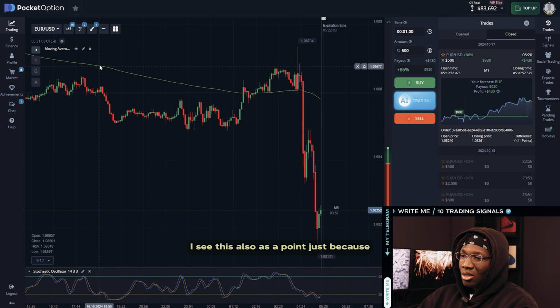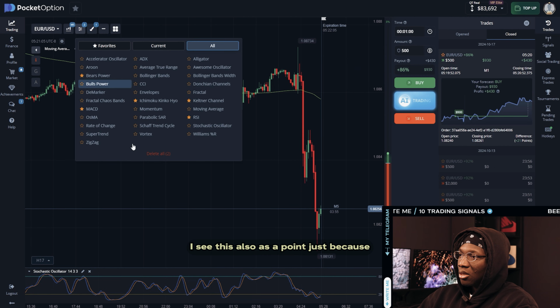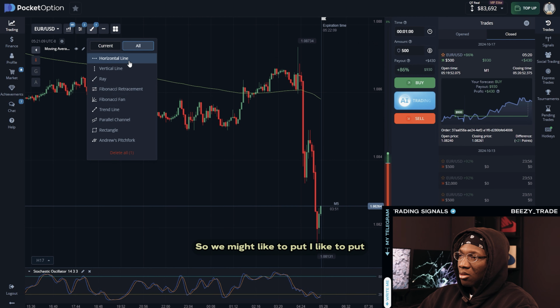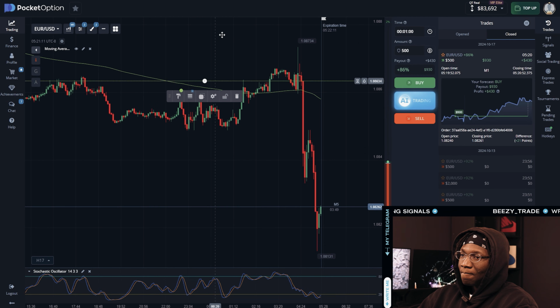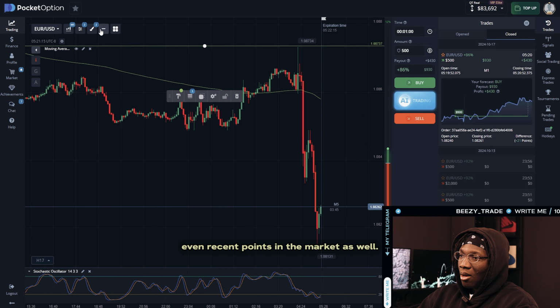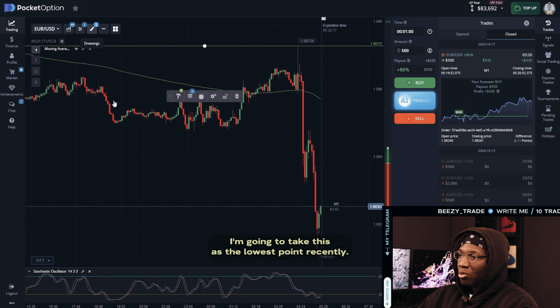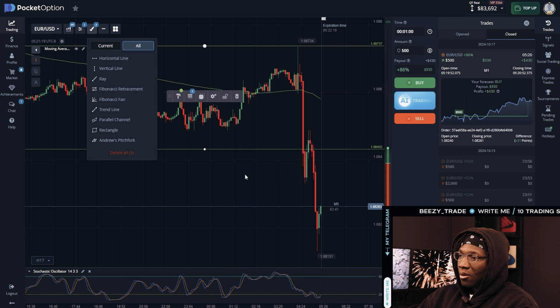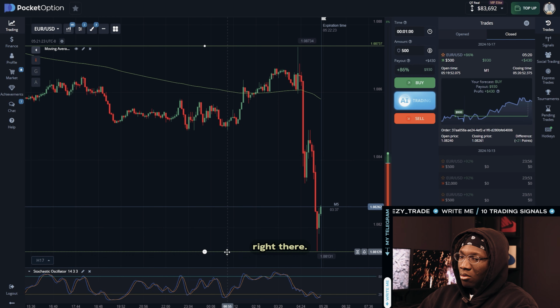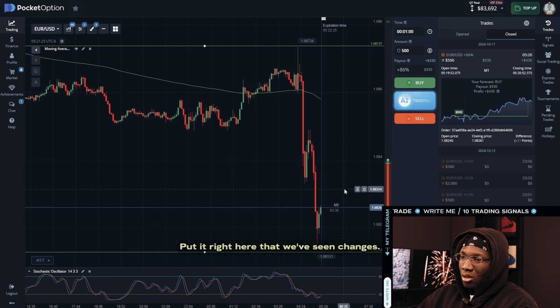I see this also as a point just because we're going shorter time frame, so I like to put even recent points in the market as well. I'm gonna take this as the lowest point recently. So it's got another vertical line right there. Put it right here.